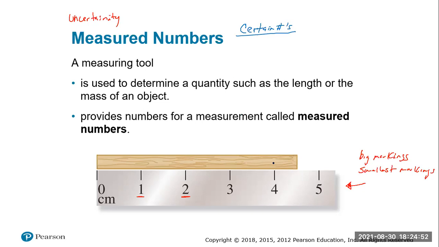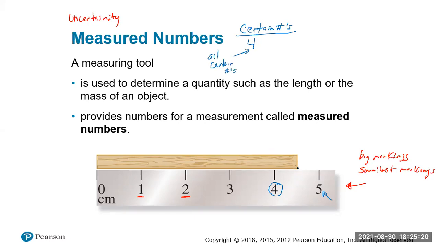For example, if we look at this piece of wood or whatever it may be, no matter who takes a look at this, everybody should agree it is at least 4. Not really 5, but definitely at least 4. So when you take a measurement, you should always record all of the certain numbers. So we would record 4.